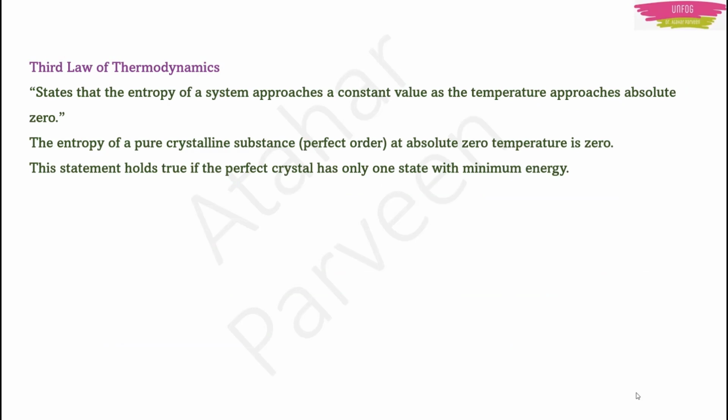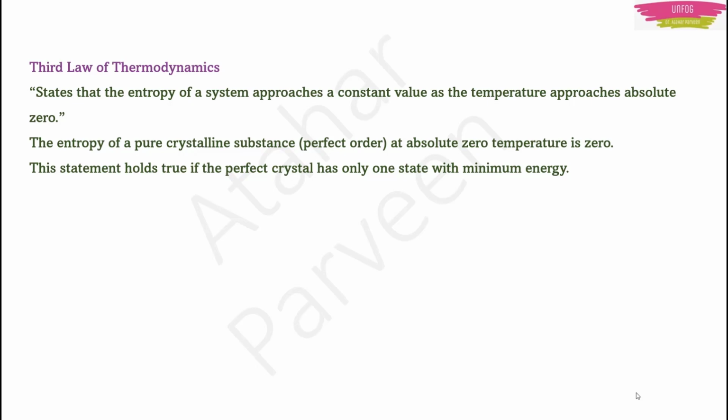Third law of thermodynamics. It states that the entropy of a system approaches a constant value as the temperature approaches absolute zero. That means if your temperature is going to zero, then your entropy will not be disturbed. It will not move up and down. It will not change. It will become constant. Okay. Zero temperature means constant entropy.